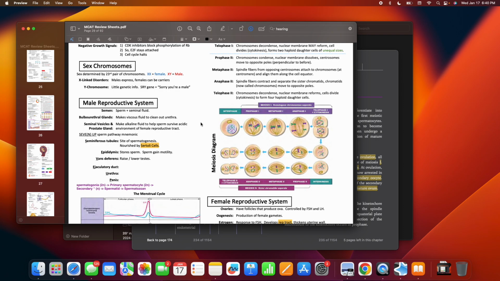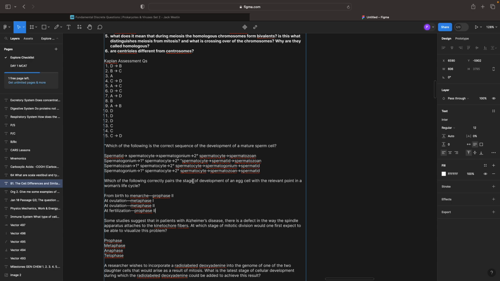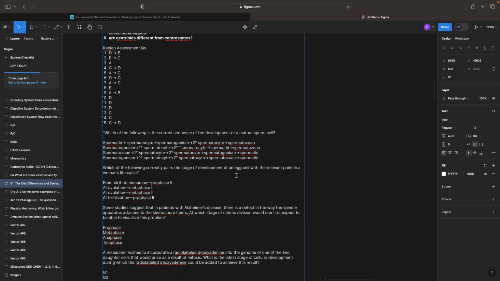And we need to understand where this diploid turns into a haploid. For that, it actually is directly related to meiosis. So in meiosis, we have the diploid, the 2N, as you can see here. And even for the second question, I believe that one is about the development of an egg cell.